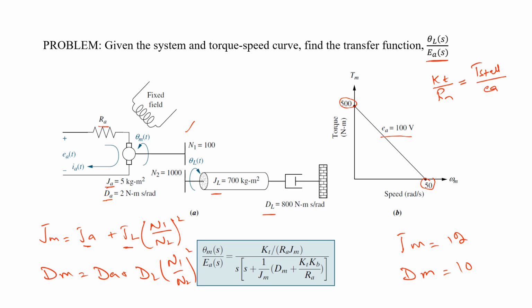We already know T stall, which is 500, and we know Ea equals 100. Hence, Kt divided by Ra will be equal to just 5. Similarly, we can find Kb from the expression Kb equals Ea divided by omega no load. We know that Ea is 100 and omega no load is 50. So Kb will be just 2.